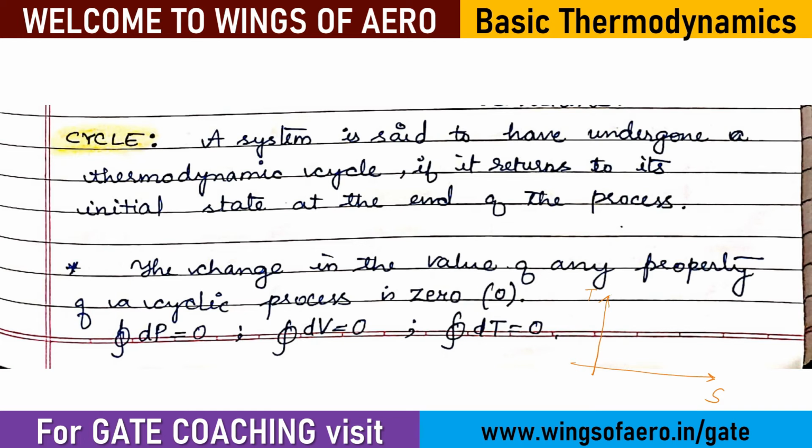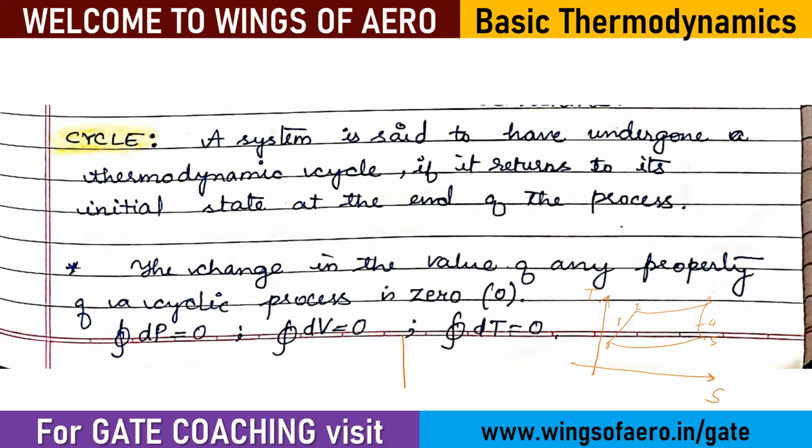We know the T-S diagram, something like this, then goes up, then again goes like this and like that. So start with 0, 1, 2, 3, 4 and 5 and come back to 0 again. If it comes back to 0 again, that means it is a closed Brayton cycle. So it started with 0, processed to 1, then 2, 3, 4, 5 and finally came back to 0. So this is a cycle.